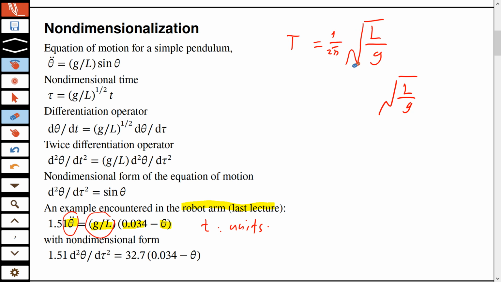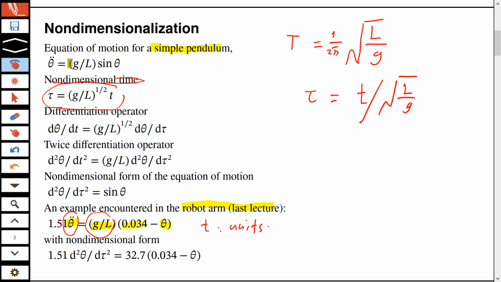So what does that tell us? That if we divide the physical time by this quantity, the number we get will be dimensionless. That is exactly what we have done here. This is what we mean by non-dimensional time. Just to recap, if we have an equation for the simple pendulum like that, sine of theta has no units.